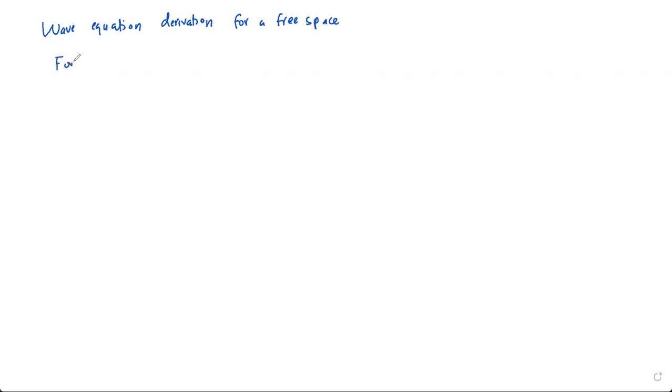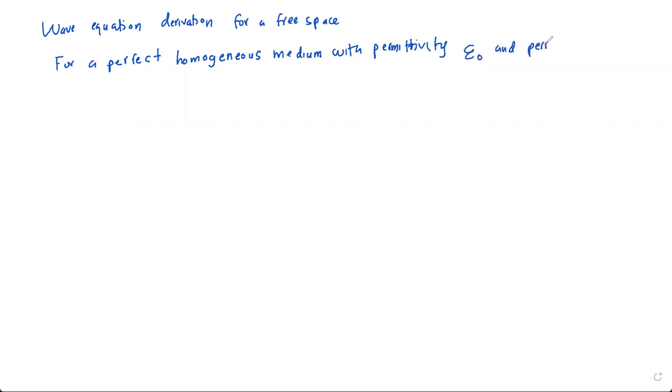For a perfect homogeneous vacuum, or homogeneous free space, a perfect homogeneous medium with permittivity epsilon naught and permeability mu naught, we are going to consider Maxwell's law and derive one equation which is called the wave equation.